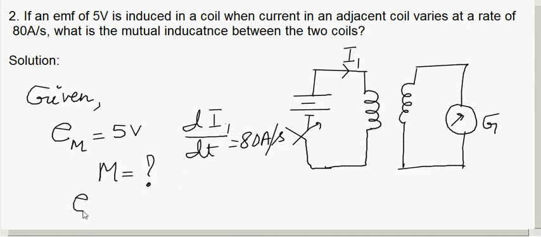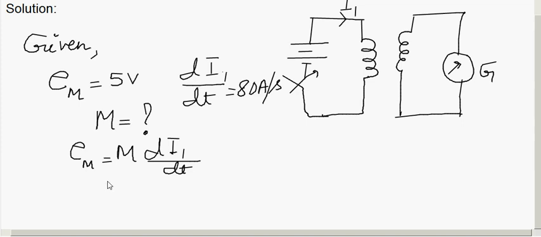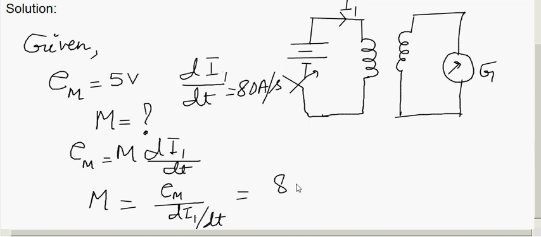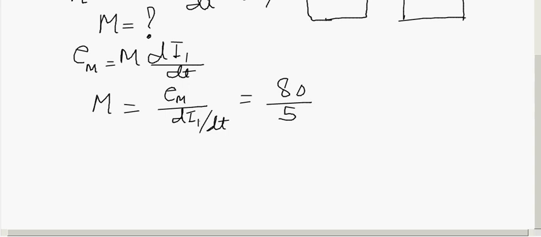Now you know the equation: EM is M into di1 by dt, or from this equation it gives M is EM divided by di1 by dt.